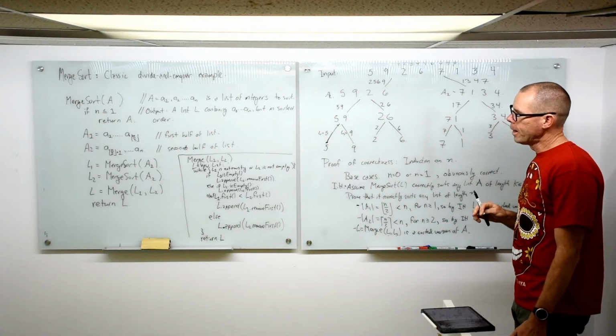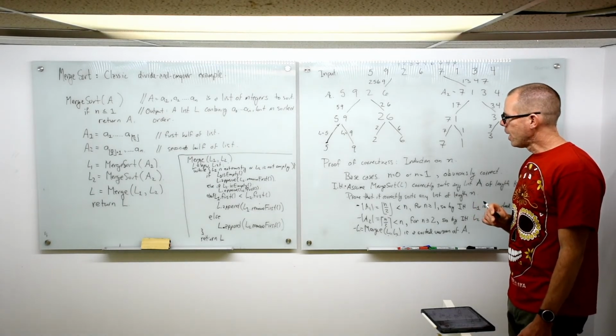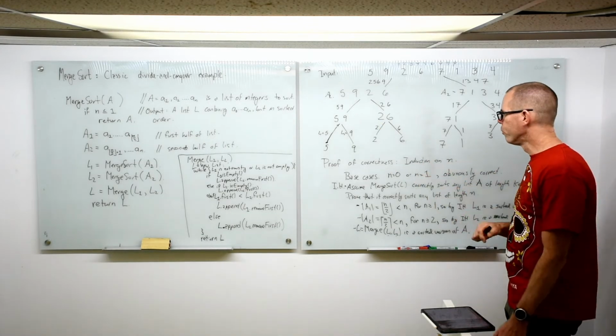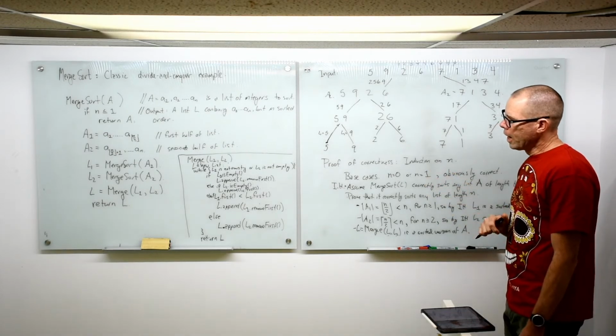Okay? And so you're just as likely to make a mistake in interpreting the code to do this proof as any mistake that's in the code.